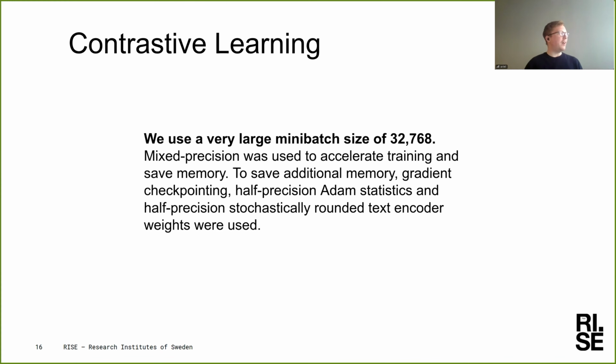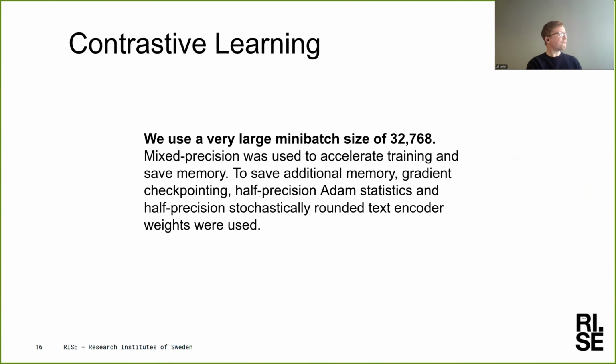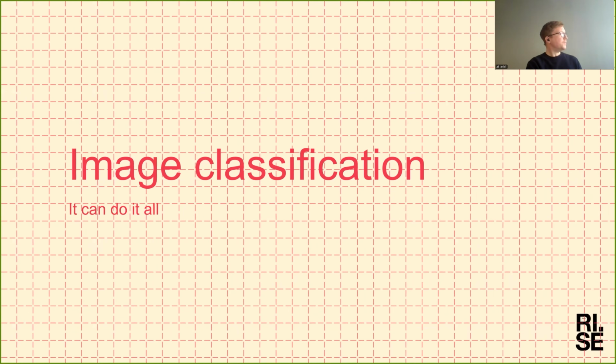But imagine trying to fit 32,000 images on a single GPU. That's very hard without a lot of hacks. So they use mixed precision and gradient checkpointing and a lot of engineering stuff to be able to get this really large batch size.